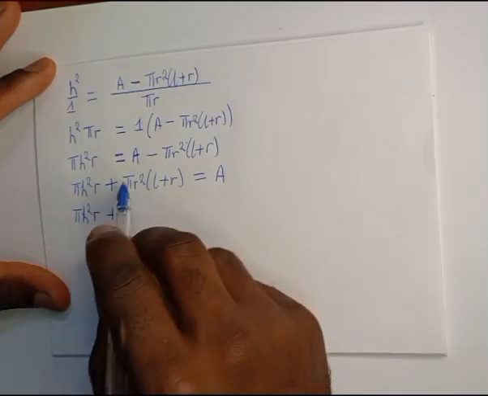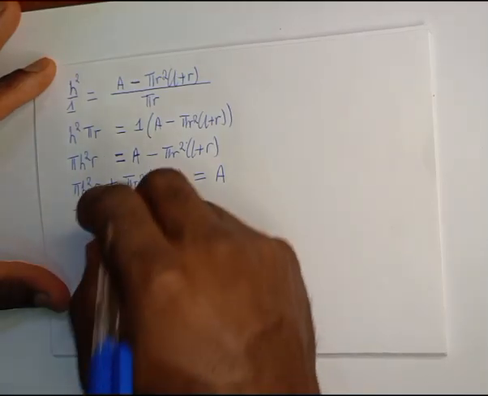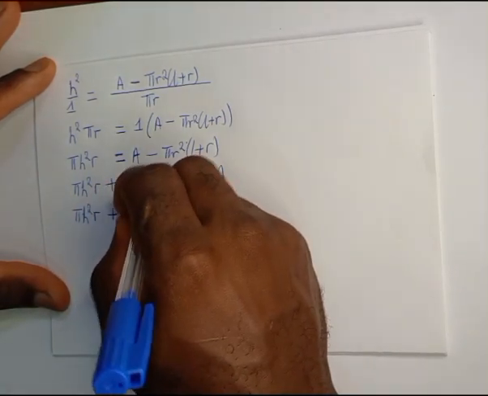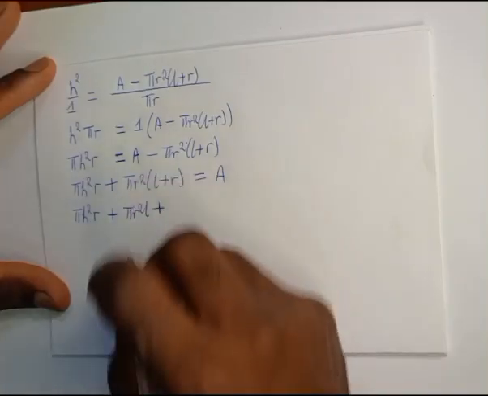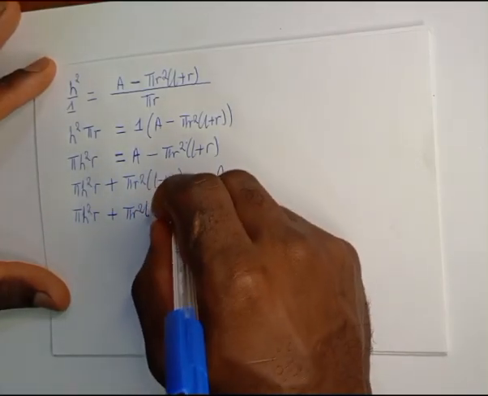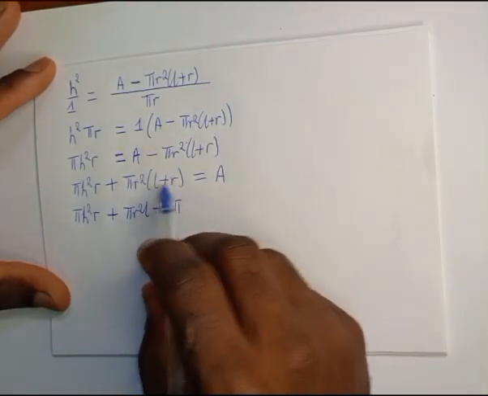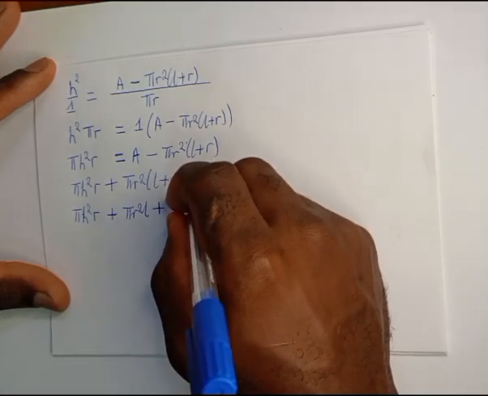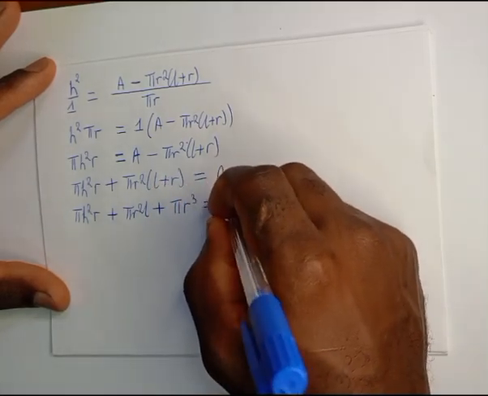Expanding this bracket gives us pi r squared L plus pi r squared times r gives us r cube is equal to A.